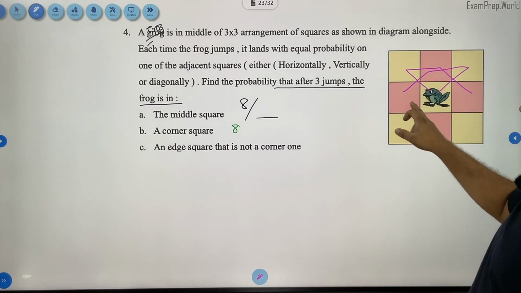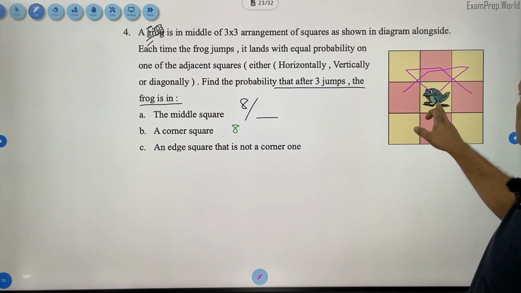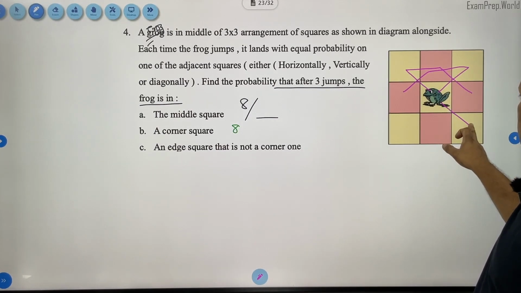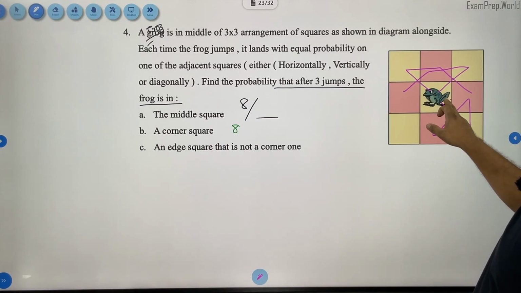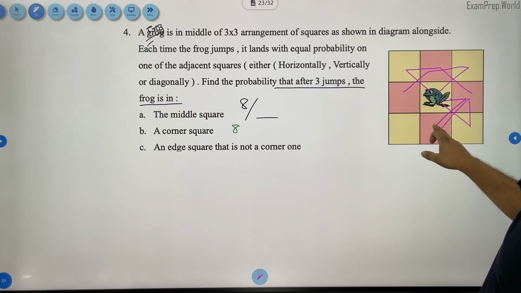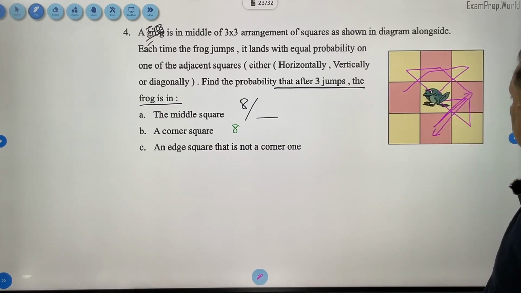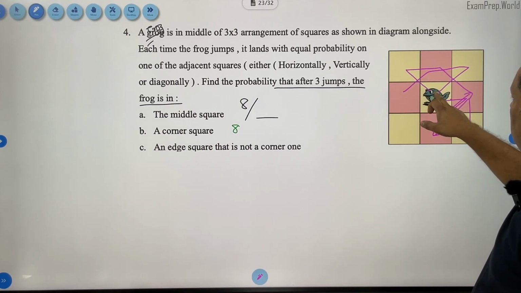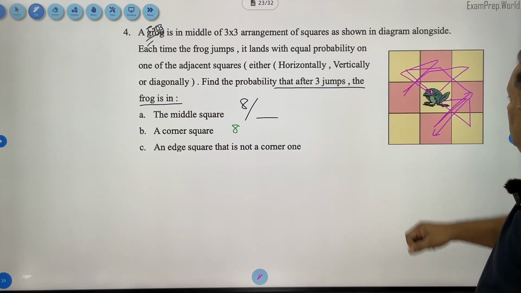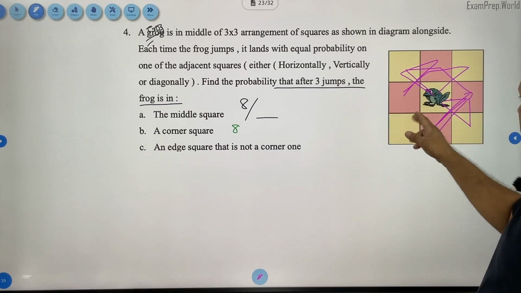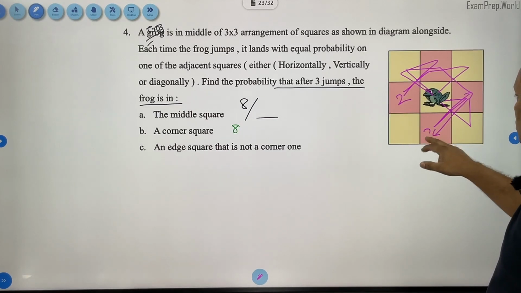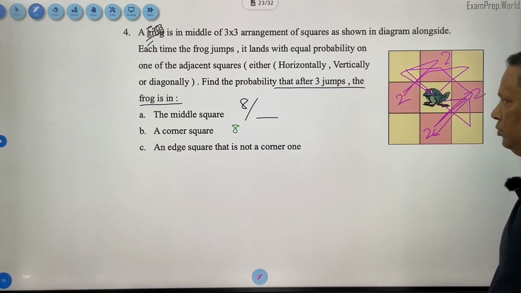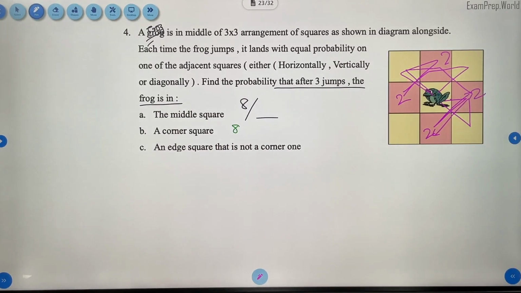Similarly, he can go like this, like this, like this, or he can go like this, and like this. From here also he can go 1, 2, 3. So each pink square he can reach in 2 ways. 2, 2, 2, 2. Right? So that is also 8.